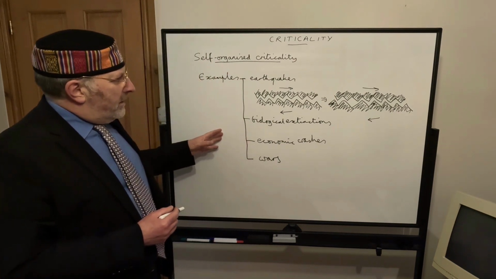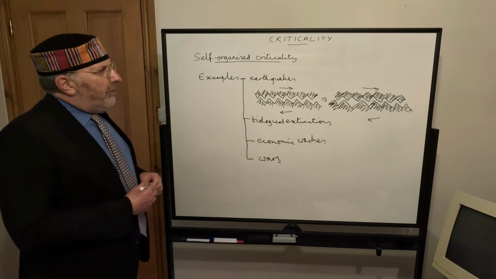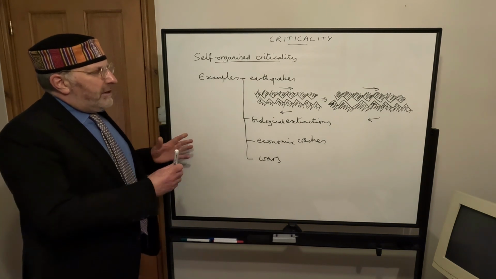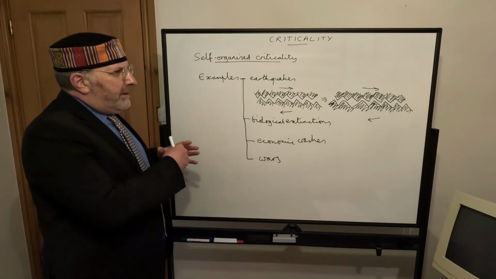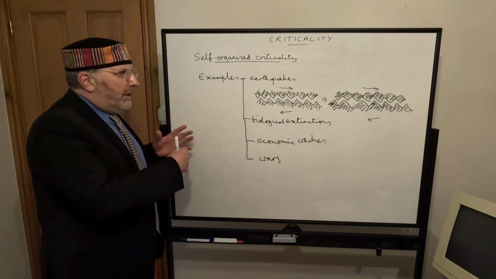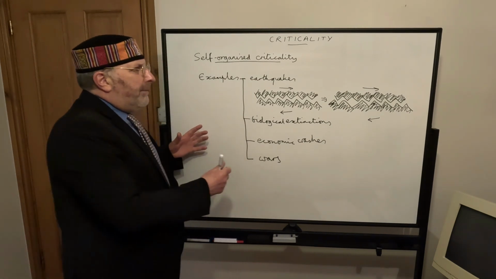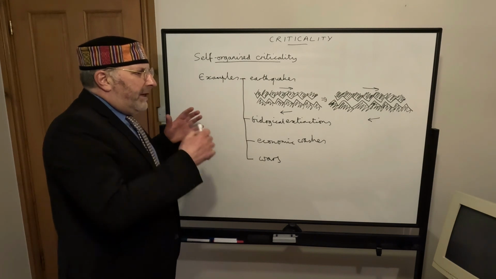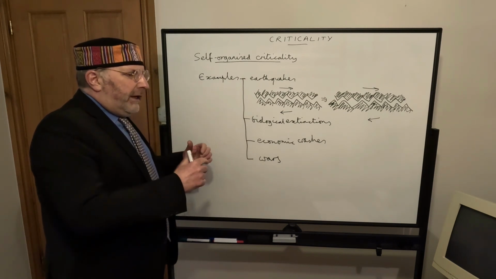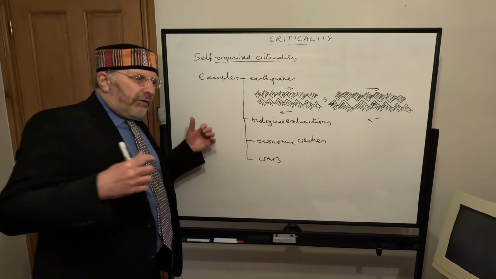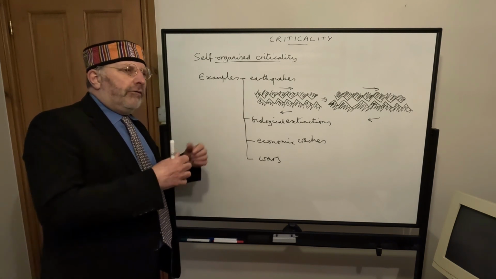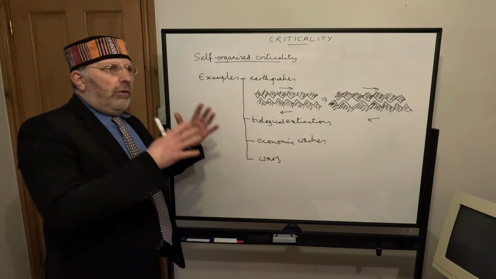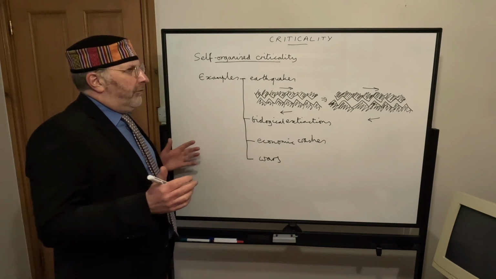And the second key point is that trying to prevent it is unlikely to work, because the critical state is a robust state. The system evolves towards that critical state where you can get small, medium or huge avalanches.